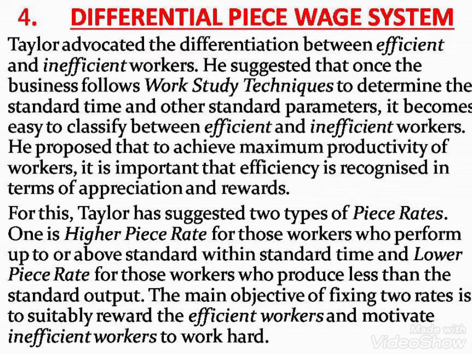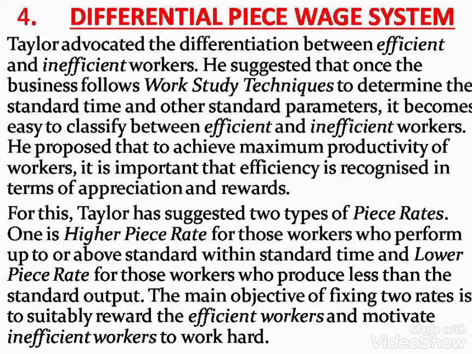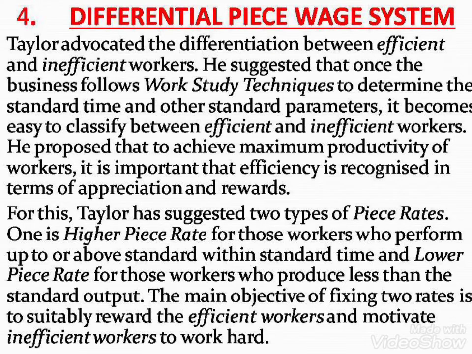In this way he will get Rs 120. This difference in wages is based upon two rates, one for the efficient workers and other for the inefficient workers. The main objective of fixing two rates is to suitably reward the efficient workers and to motivate inefficient workers to work hard.